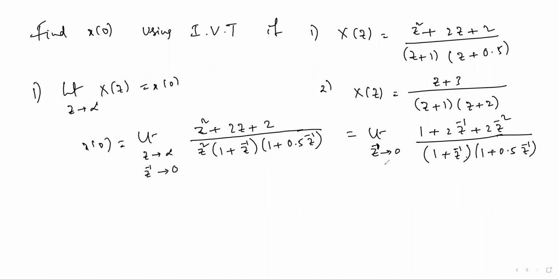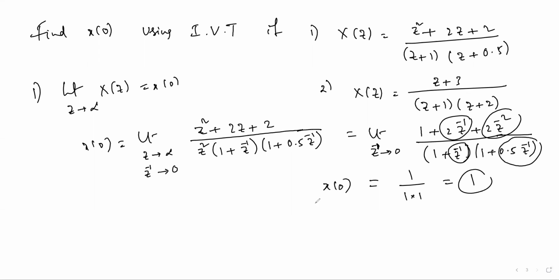Now substitute the z inverse 0. So this term 0, this term 0, this term 0, this term 0. What's remaining? 1 divided by 1 into 1. 1 is the initial value for this first function. X of 0 is 1.